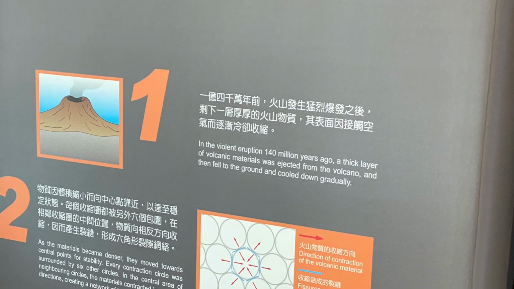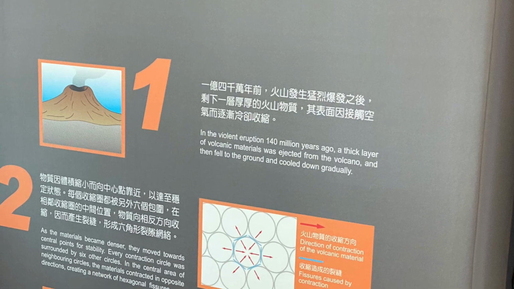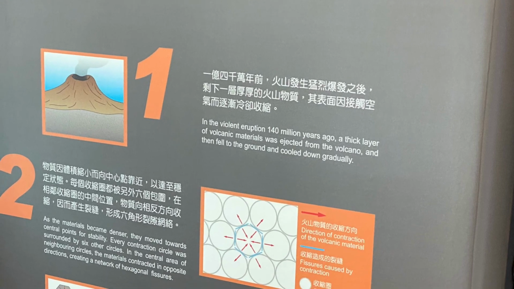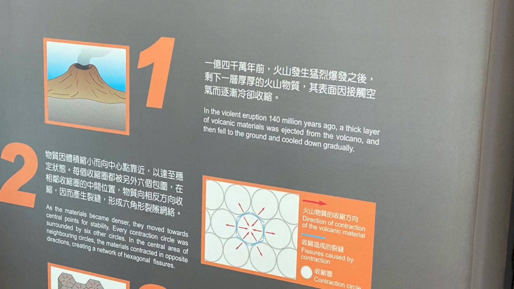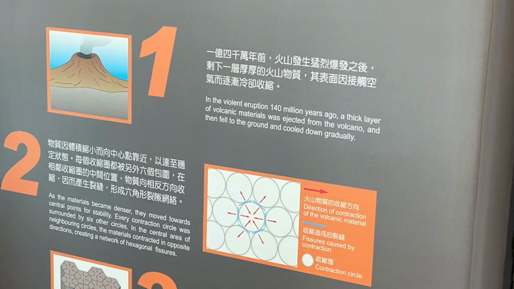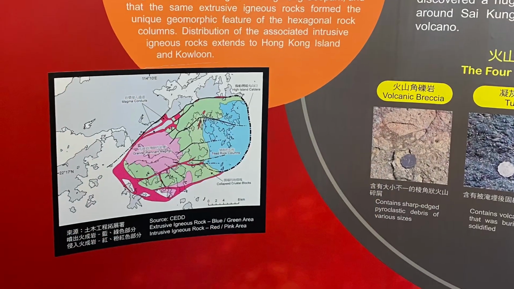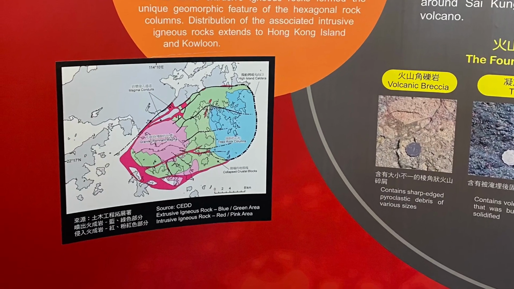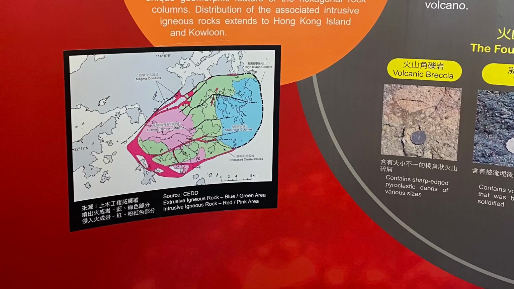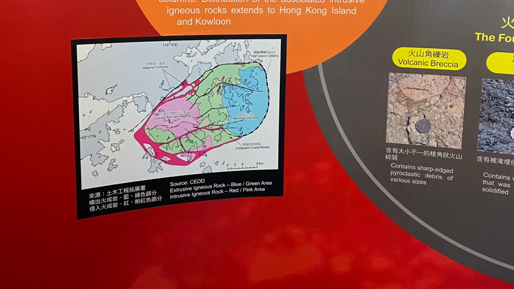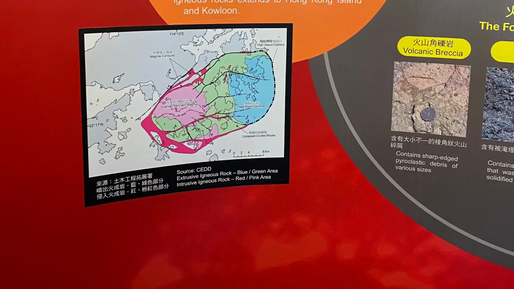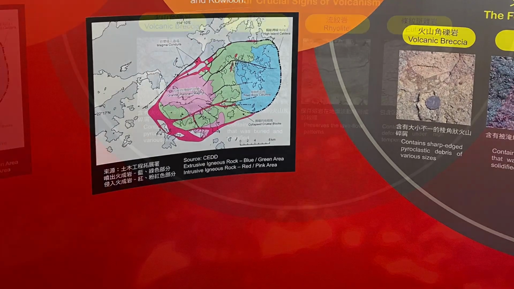If you want to know how the volcanic rock is formed in the High Island Reservoir, you can just simply go to Cyclone East Island Dam, and you can see the contraction of the volcanic rock by the lava. And you can see right here, this is a caldera, which is the broken crater of the volcanic rock, and you can see Hong Kong did have very violent volcanic eruptions.